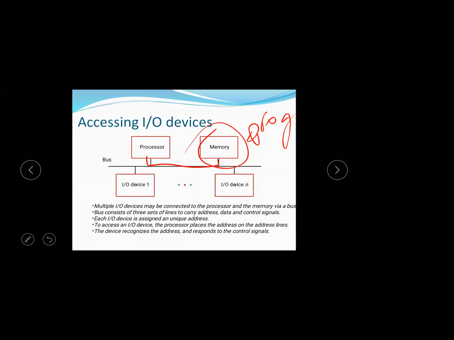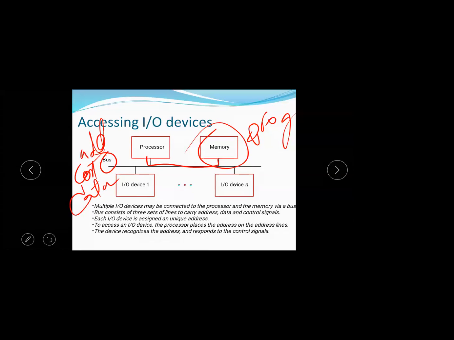These are the bus lines. The bus consists of 3 lines. What are they? Address line, control line, and data line.